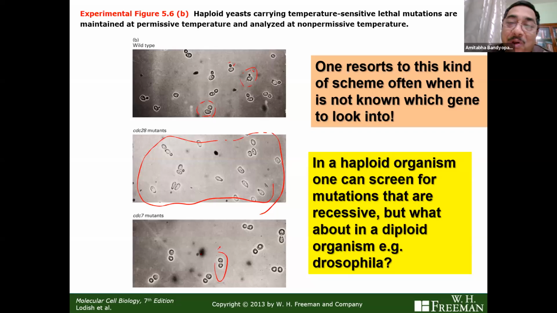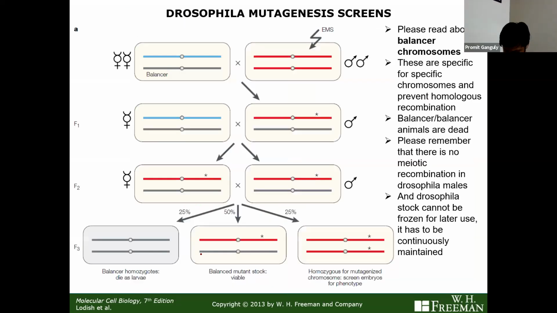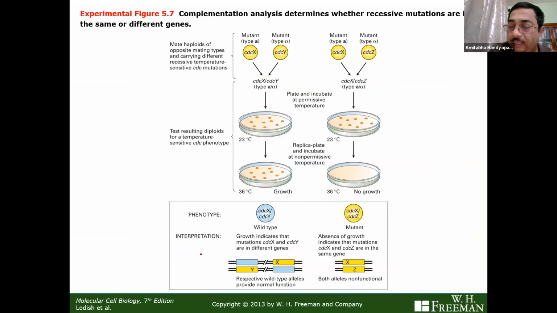So now you know that you have 10 complementation groups, right? So at least you have 10 genes that are involved. Now what you will do is something I have taught extensively in another lecture. I don't remember which lecture it is, but I will tell you.